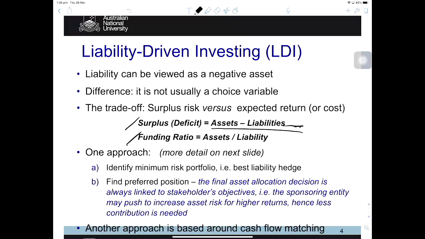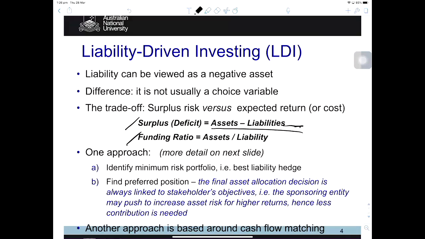And over a period of 2 or 3 years, you're going to observe much higher volatility of this difference. So these are the risk measures we use to assess the risk of the fund, or in other words, the chance that the fund does not have enough assets to meet its liability payments.